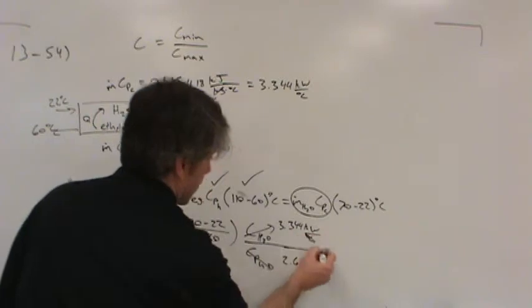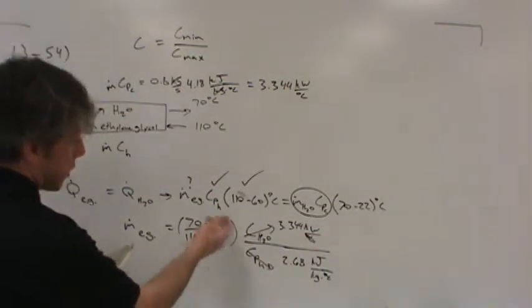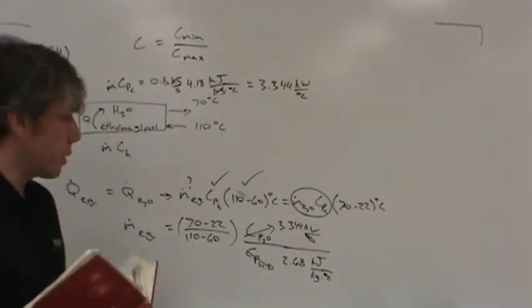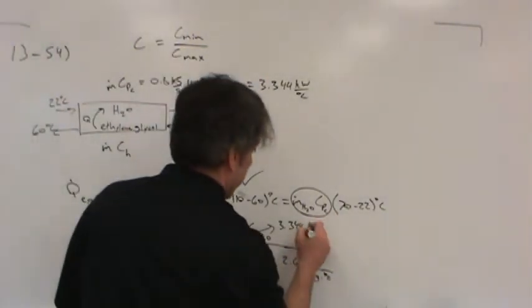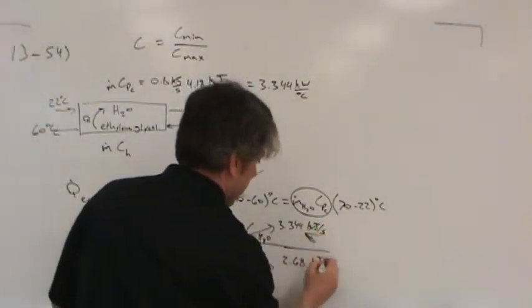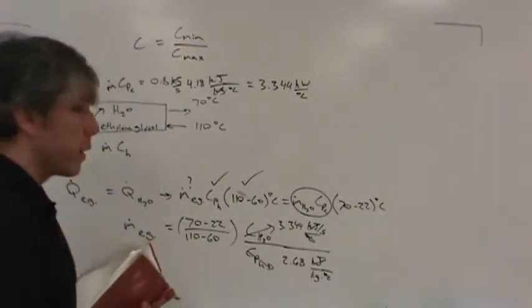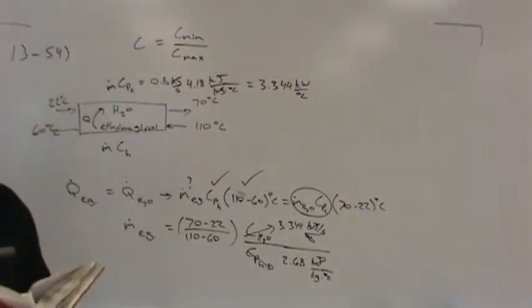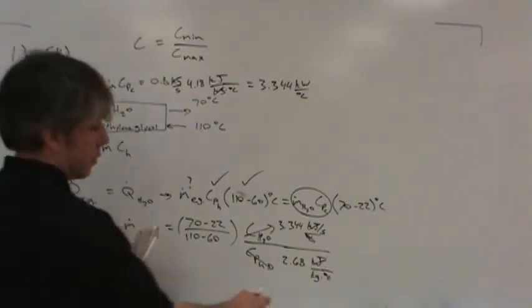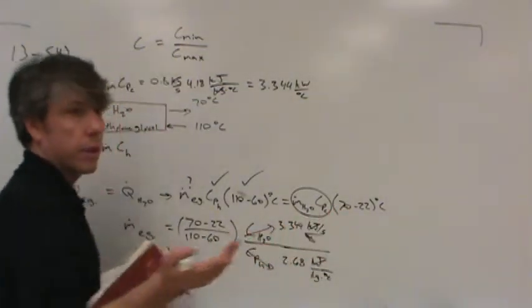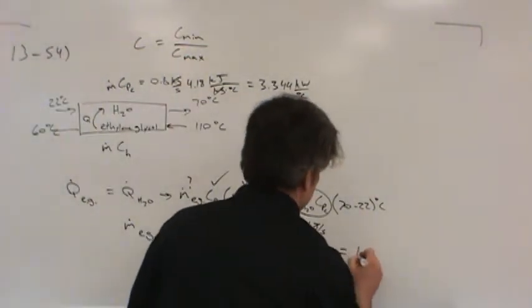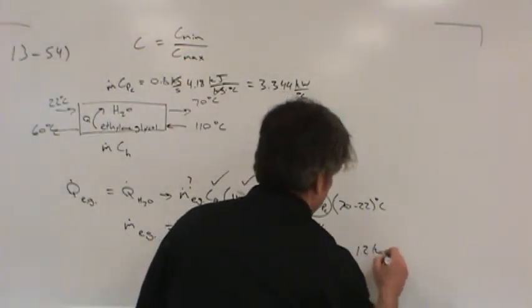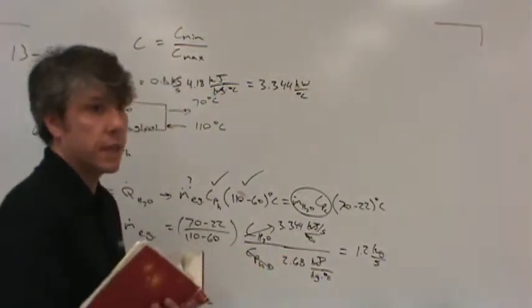So the degrees Celsius go away. Obviously, this temperature ratio is dimensionless as well, so we don't have to worry about it. A kilowatt is a kilojoule per second, so the kilojoules go away. And what units will we end up with here? Kilograms per second, right? So it's mass flow rate, just like we expect. And of course, if you plug all this in your calculator, you should find 1.2 kilograms per second, just remembering the number from last time.